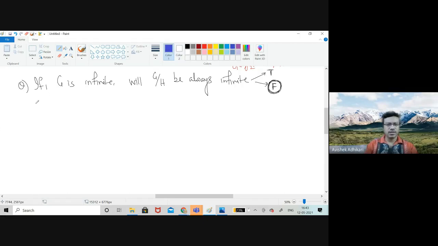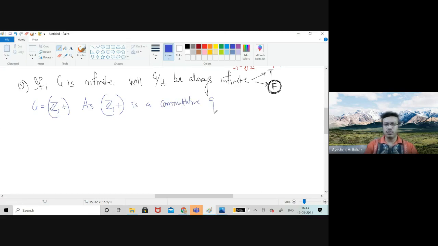So if I consider G to be Z, and since this is a commutative group, any subgroup of G is also commutative, right? So any subgroup of Z plus is a normal subgroup, as Z plus is a commutative group.